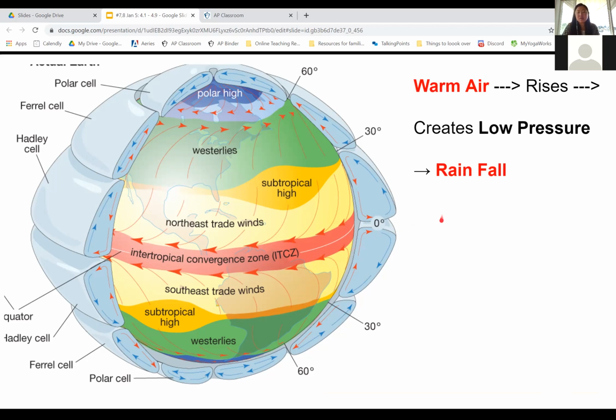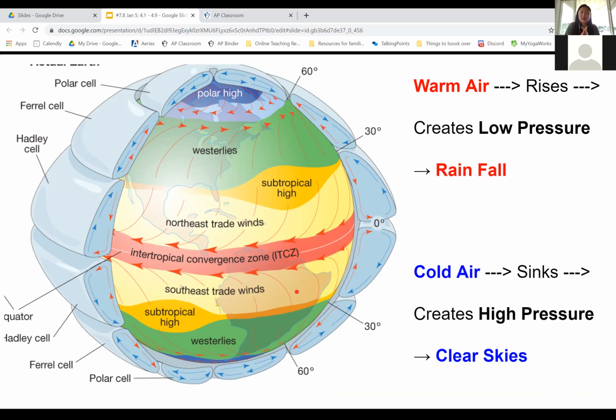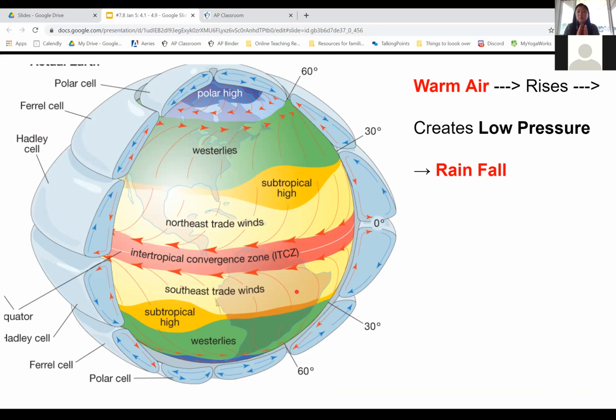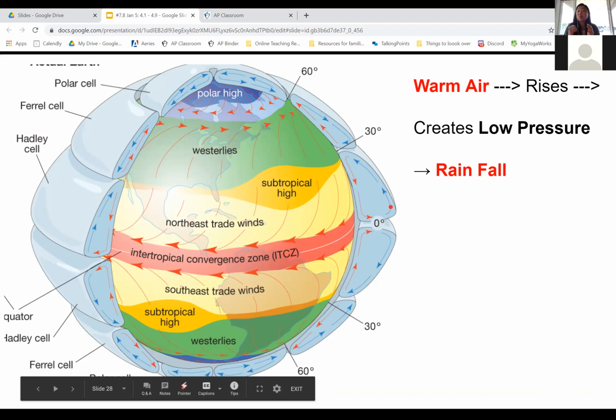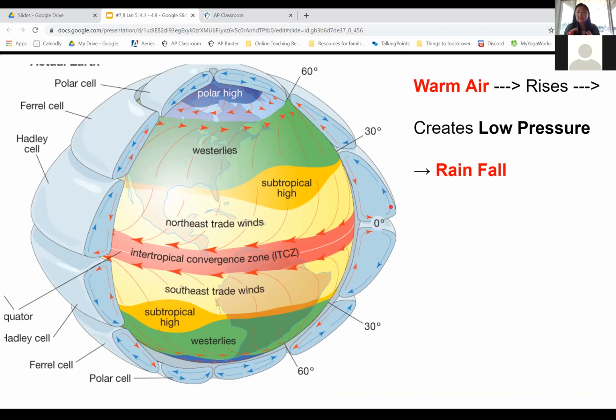So these are things that will help us orient ourselves when we talk about El Nino and La Nina. We always want to think about warm air. The warm air that happens at the equator, when it rises, it creates a low pressure system. And then these low pressure systems create rainfall.